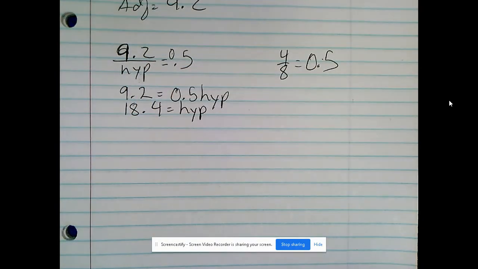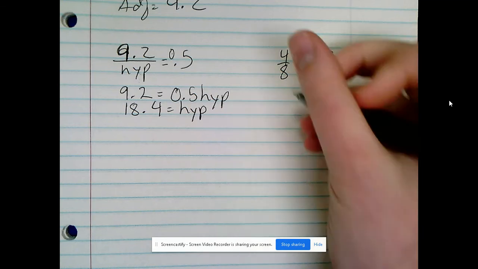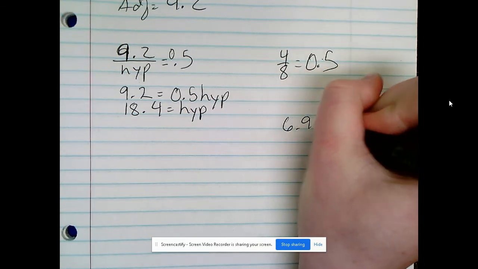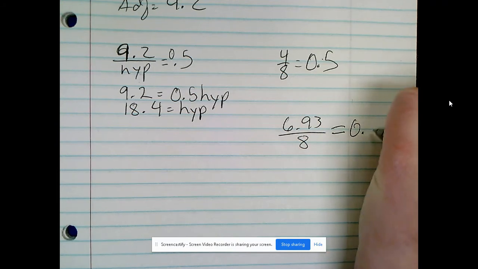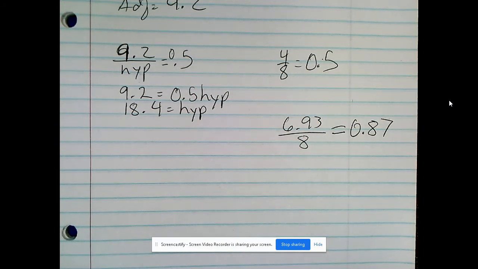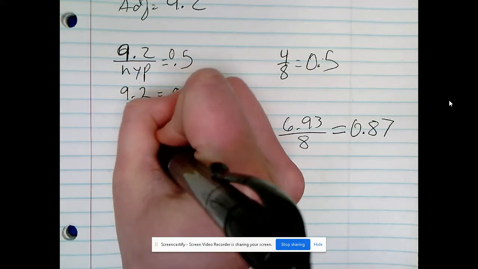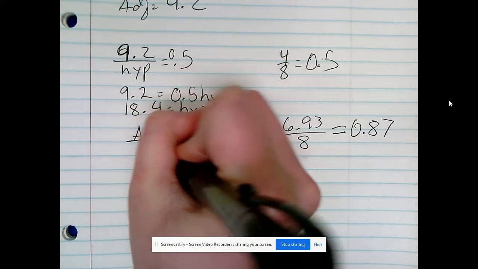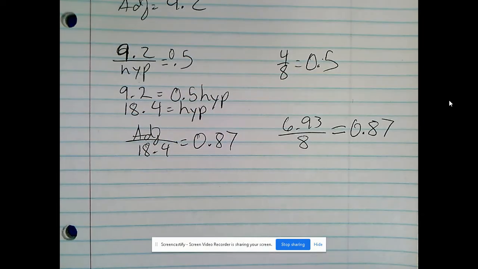So now that we know our hypotenuse, we can apply that to our adjacent over hypotenuse. So our adjacent over hypotenuse is going to equal 0.87. So that means it's going to be something, or adjacent, over 18.4 equals 0.87.